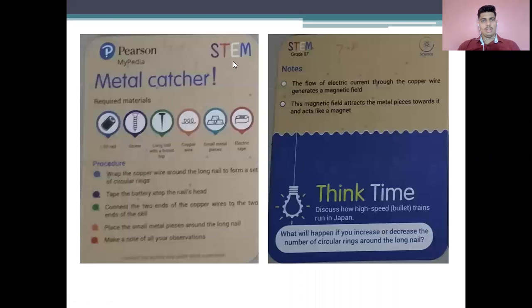So now, in this condition, let us take a straight conductor. Let's say this is a conductor. And this time we have a wire wound like this. Let's consider this part is from behind, and this is on front.